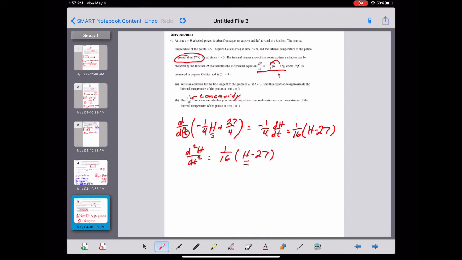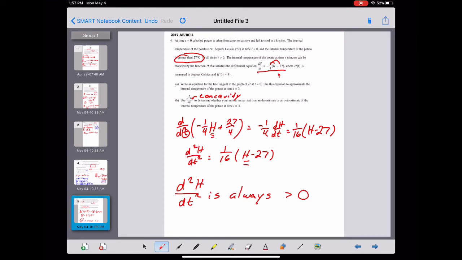So doesn't matter what time we're at, h is going to be bigger than 27, which means when we subtract 27, we're going to come out with a positive answer. So d squared h dt squared, the second derivative, is always positive, because h is always greater than 27. So that means h must be concave up, and therefore our approximation is an underestimate.